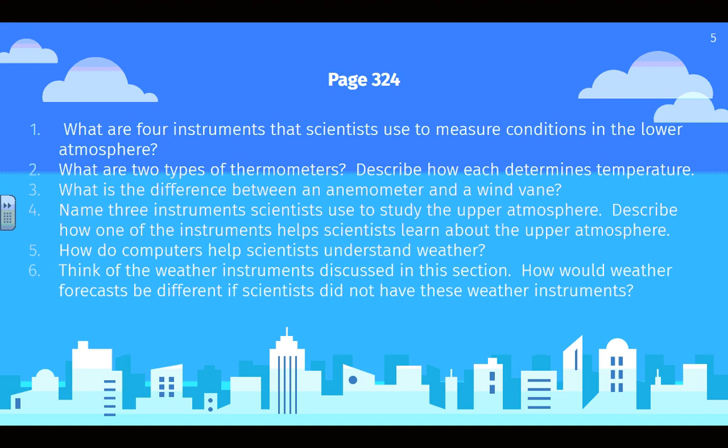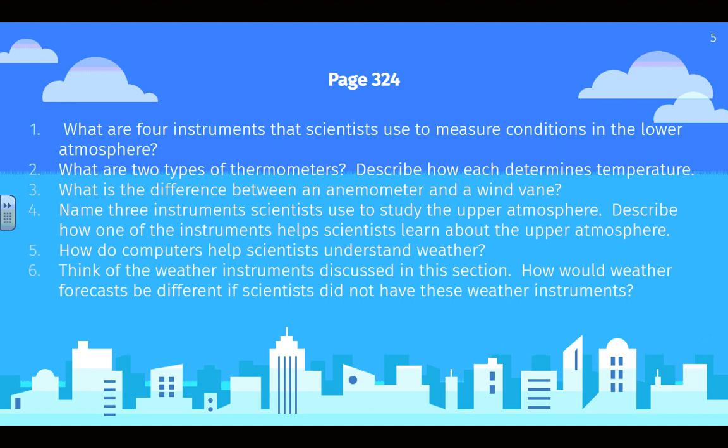Question number 5. To solve equations and store data. Question number 6.